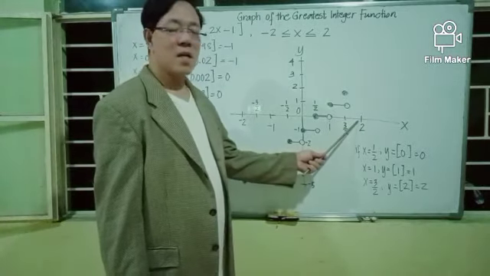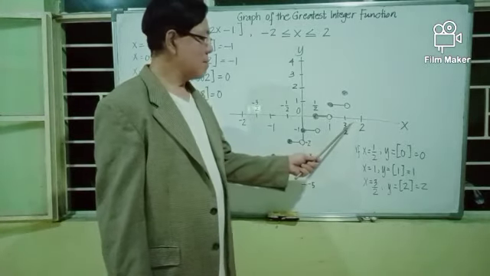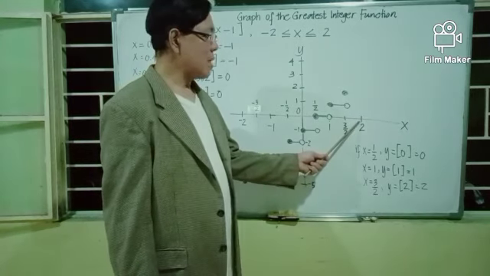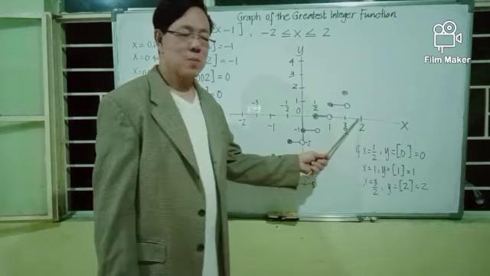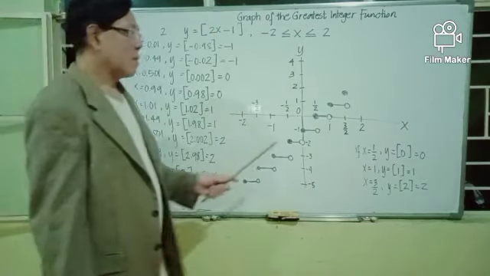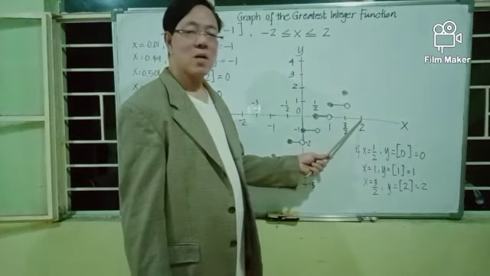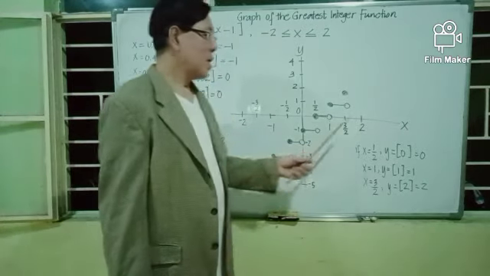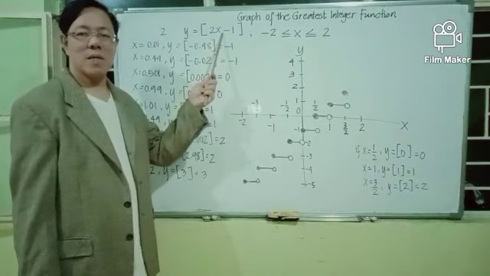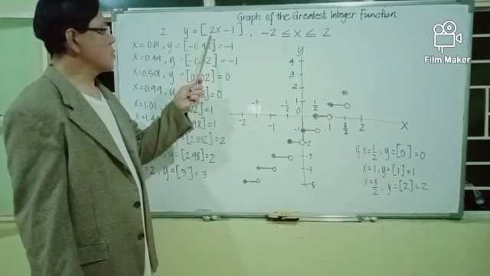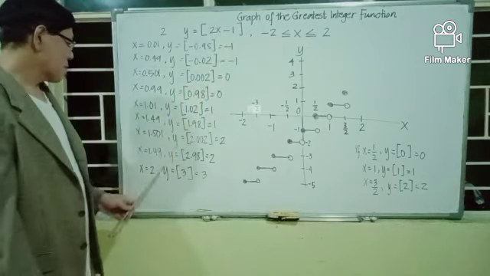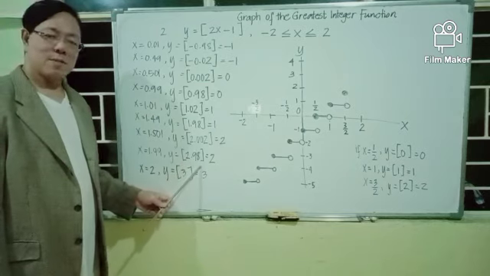Next, I will assign a value of x greater than 3 over 2, but less than 2 and very close to 2. I let x equal 1.99. 1.99 is very close to 2, but less than 2. When x is 1.99, substitute in the given greatest integer function 2 times 1.99 minus 1, and using your calculator, you should get 2.98.